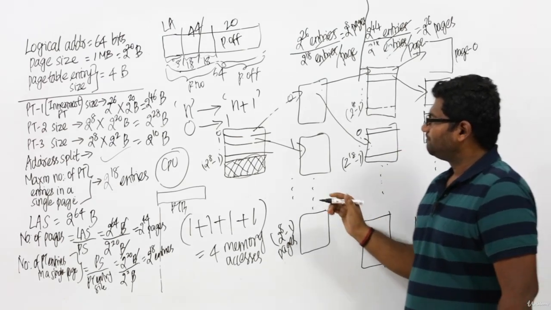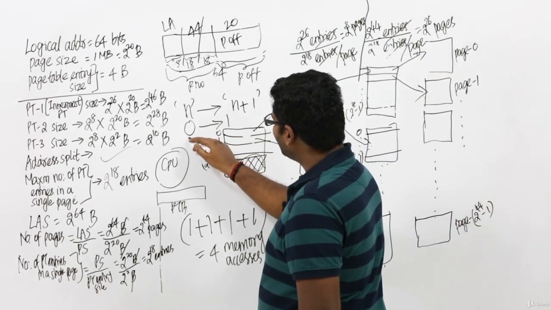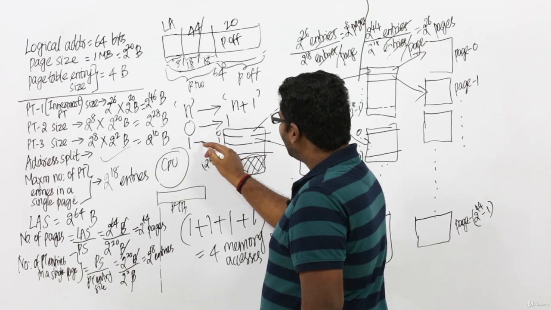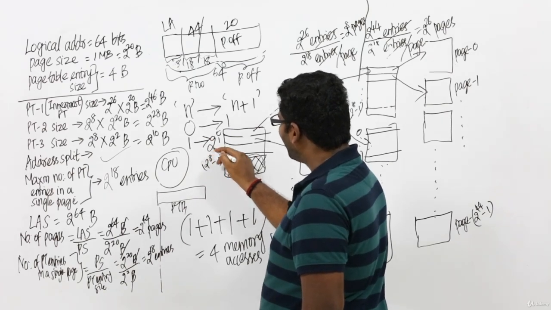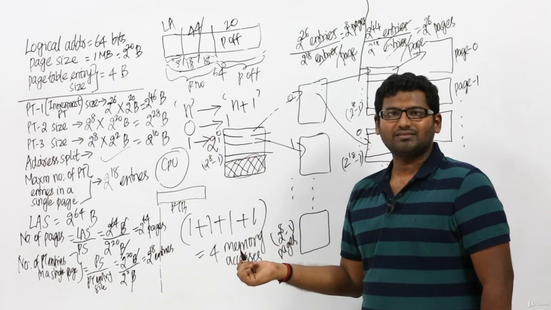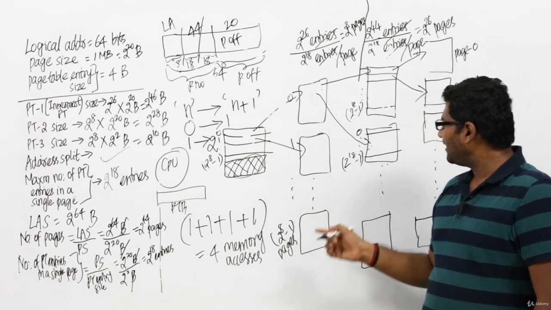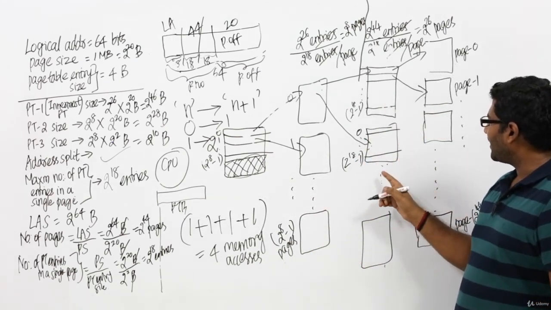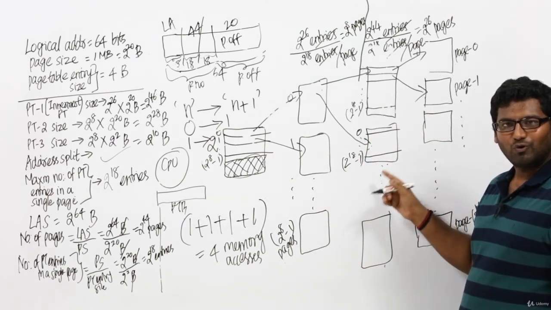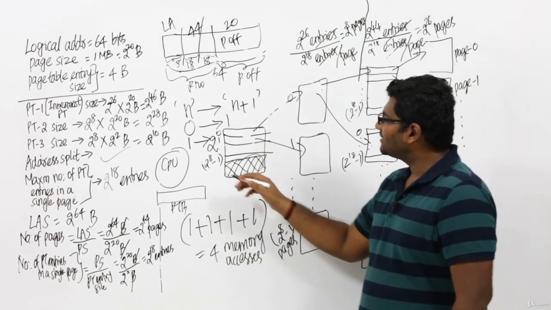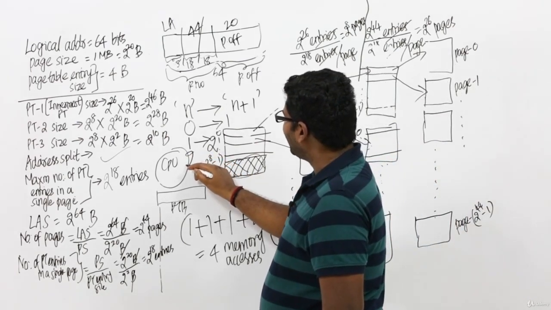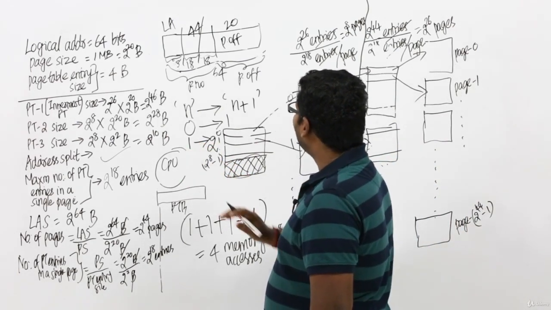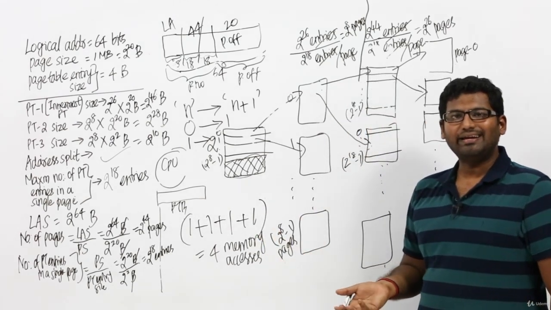So I need a total of 2 memory accesses. Why 2? One memory access for the one level of page table and another memory access for the process. Now in case I have 2 levels of page table, then I need 3 memory accesses.